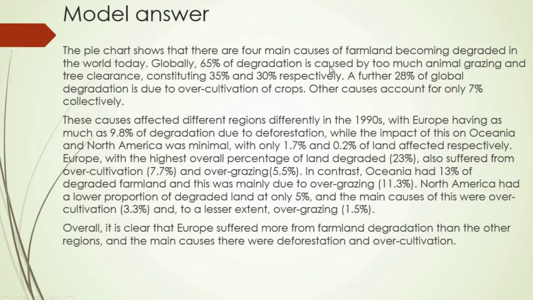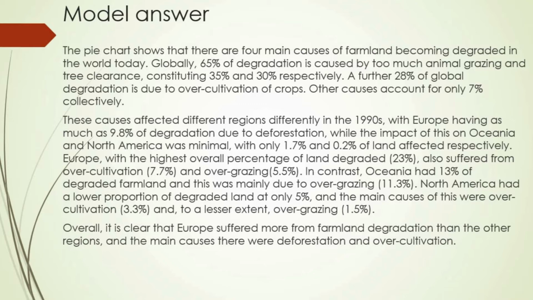For example, one thing which I particularly noted was land tree clearance instead of deforestation, and good use of compound and complex sentences. If you notice properly, you will see a lot of compound and complex sentences joined together, and you will also get good marks for grammar because of this.